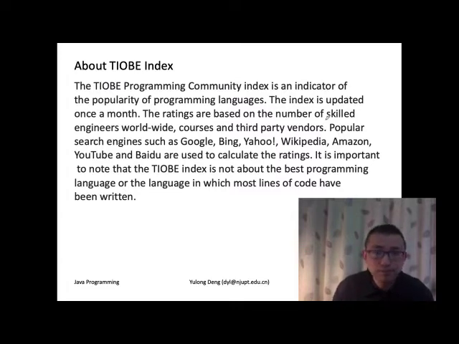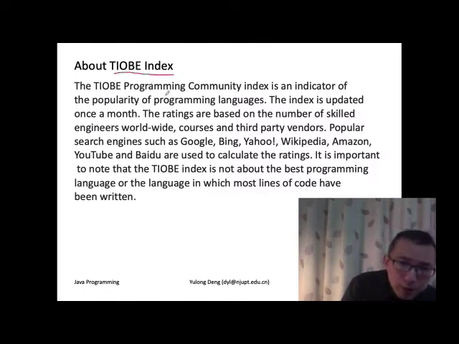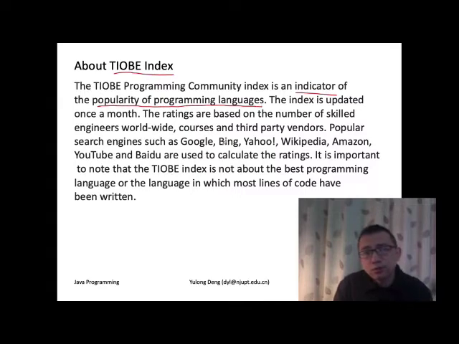Now we have an index for it, named the TIOBE index. The index is just an indicator for the popularity of programming languages, and it comes from worldwide IT companies, courses, vendors, things like that.